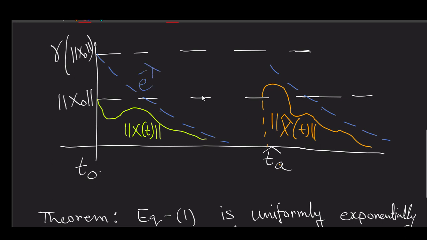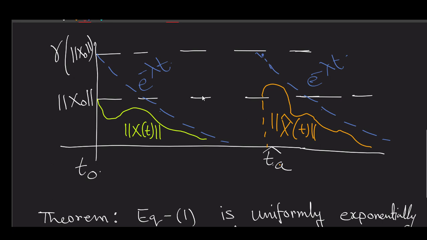The slope of this envelope is governed by e to the power minus lambda t. Here also e to the power minus lambda t, and both start from gamma and then go to e to the power minus lambda t. So irrespective of where your system starts.